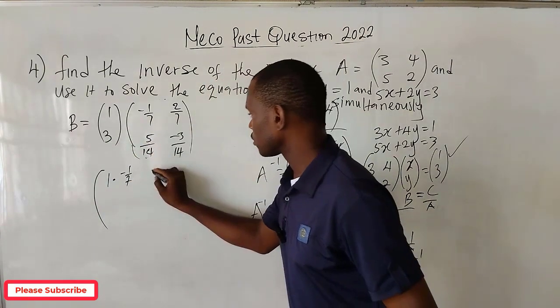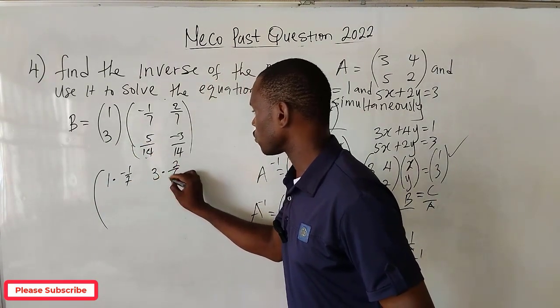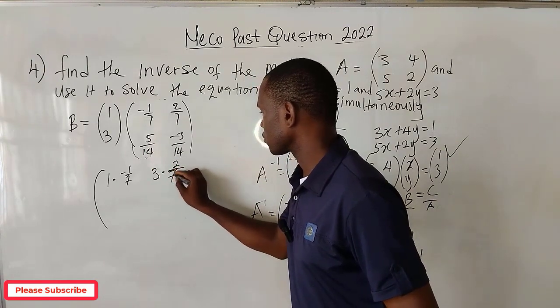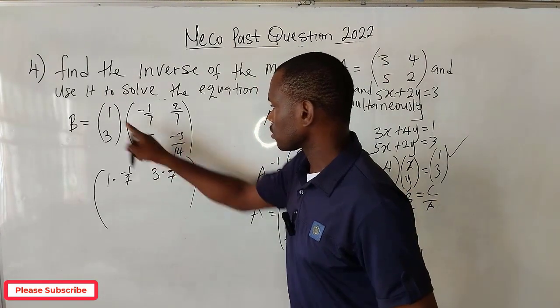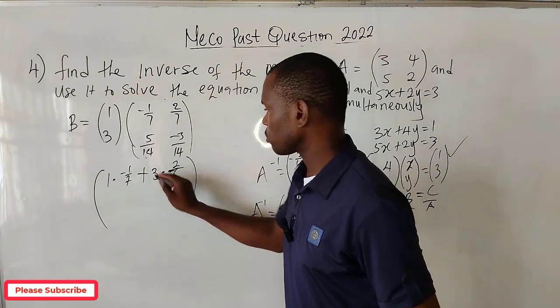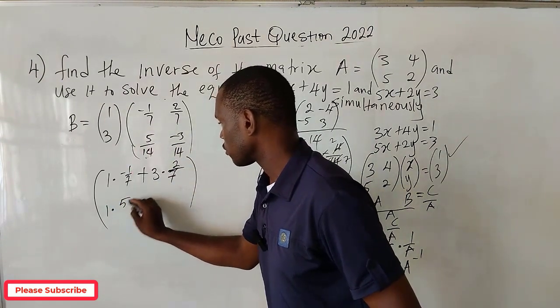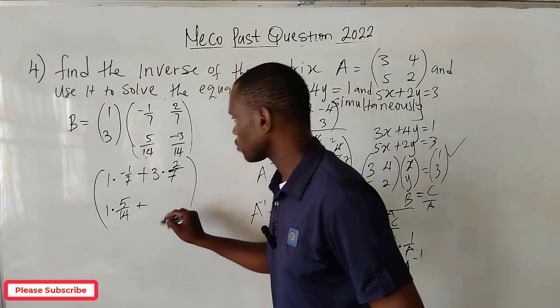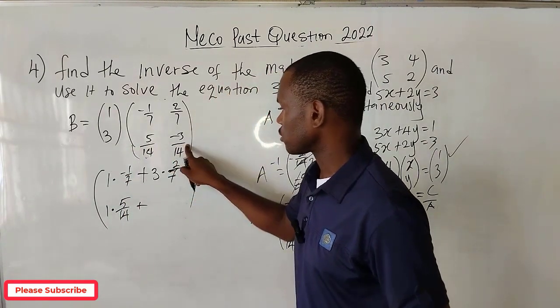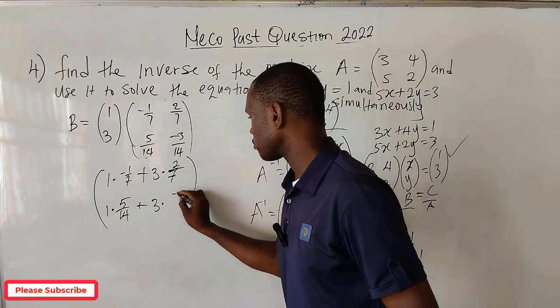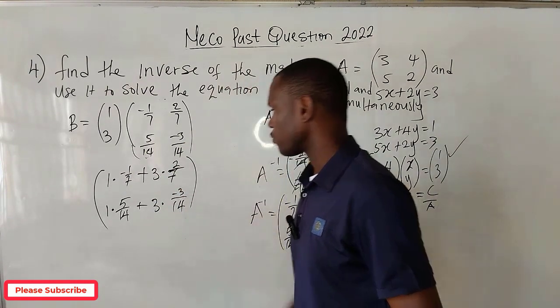Then 3 times here, 3 times 2 over 7. Then the same thing will happen here. Remember, we are adding. 1 times 5 over 14 plus 3 times minus 3 over 14.